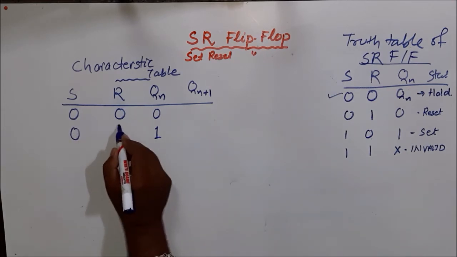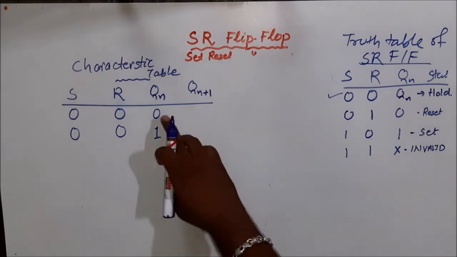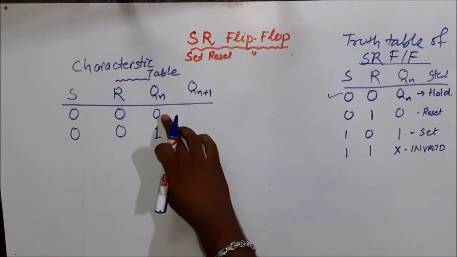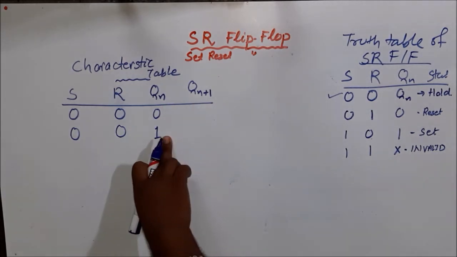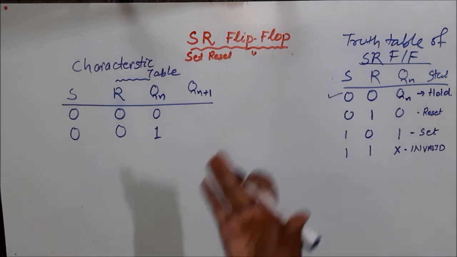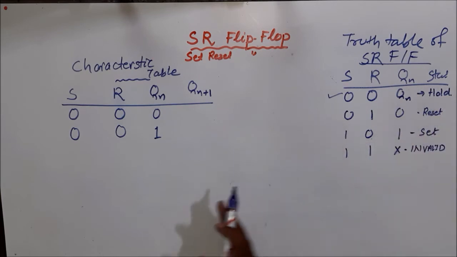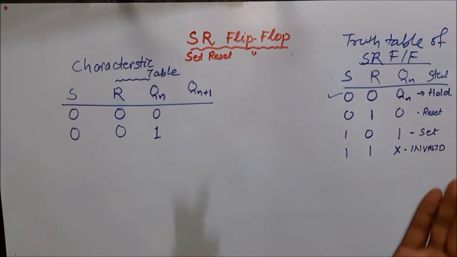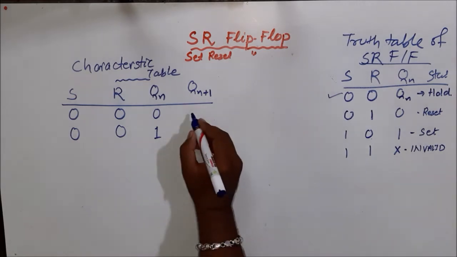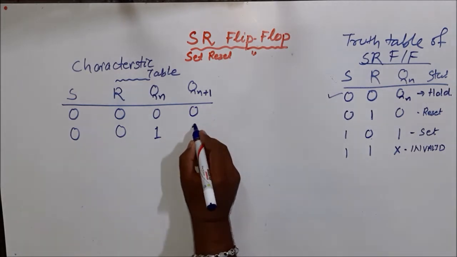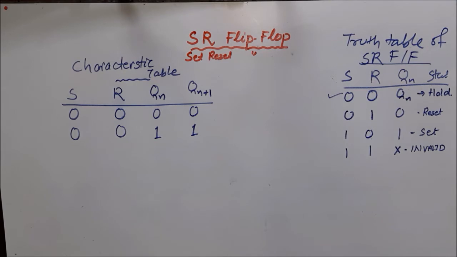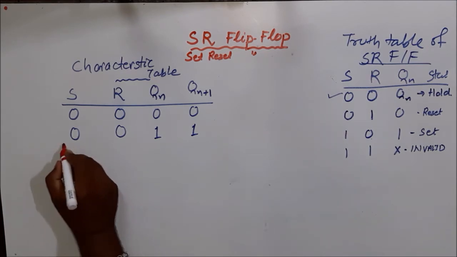For 0 and 0, we may have 0 in Qn or may have 1 in Qn. But after clock, what happened? Qn remains Qn, means hold state. That means whatever the state, the next state will be the same as the previous state. So we'll get 0 here and 1 here. Clear? So this is corresponding to SR as 0 and 0.